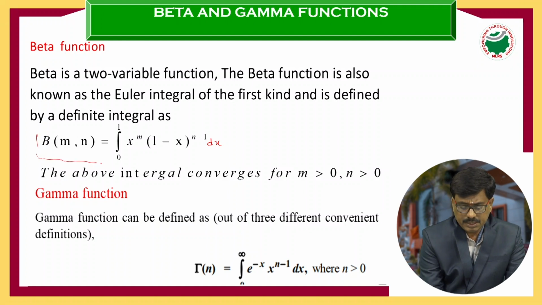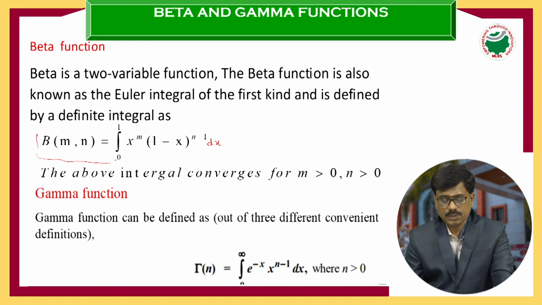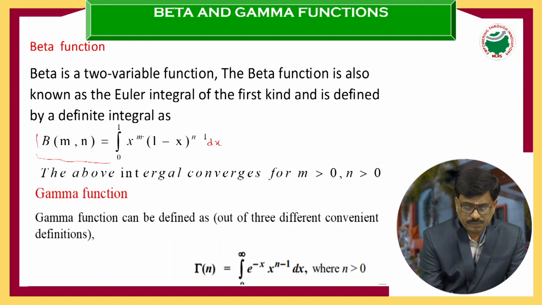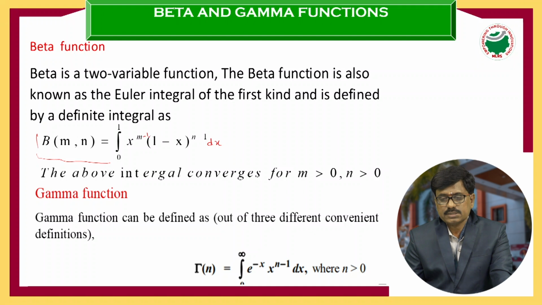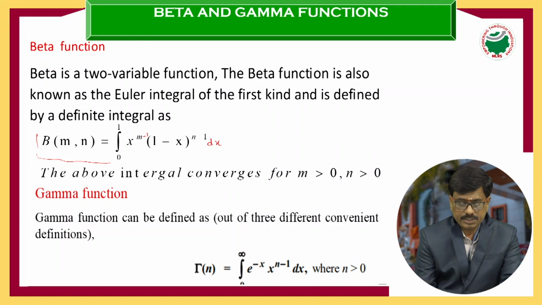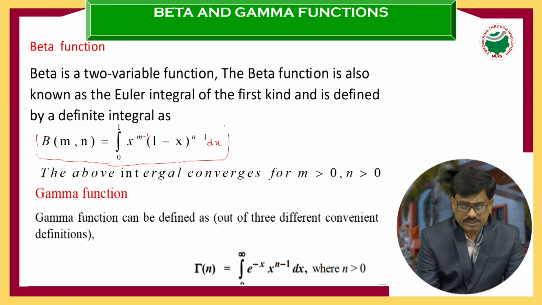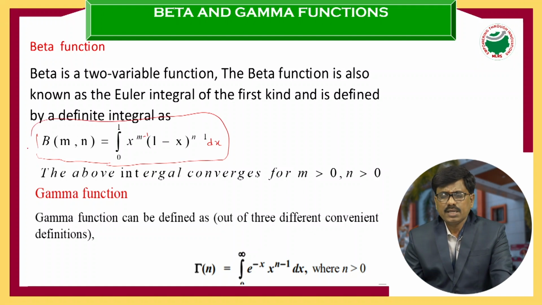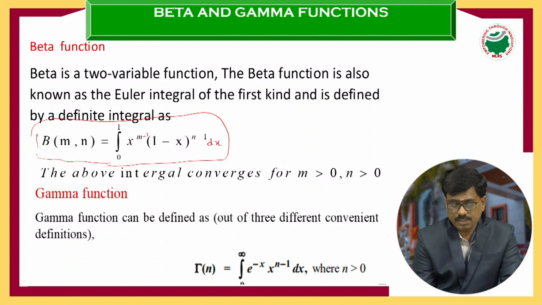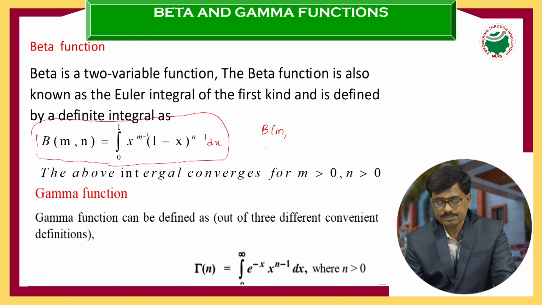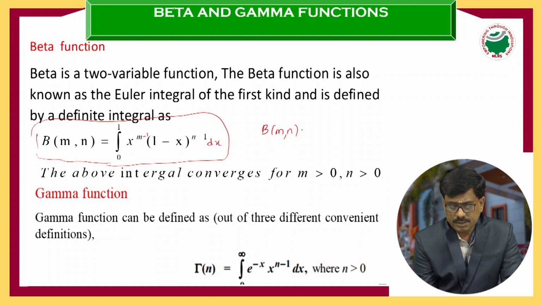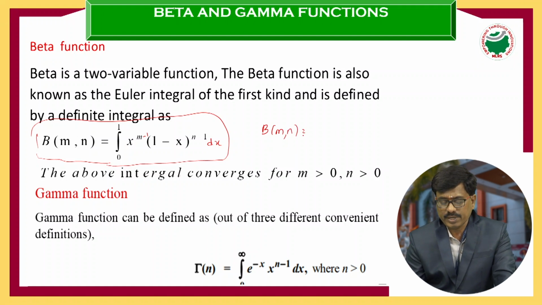Beta of m comma n is equal to integral 0 to 1 x power m minus 1 into (1 minus x) whole power n minus 1 into dx. Here, the beta function is a function of two numbers. Let us look at this beta value. It depends upon the values of m as well as n. That's why we say it is a function of two variables.